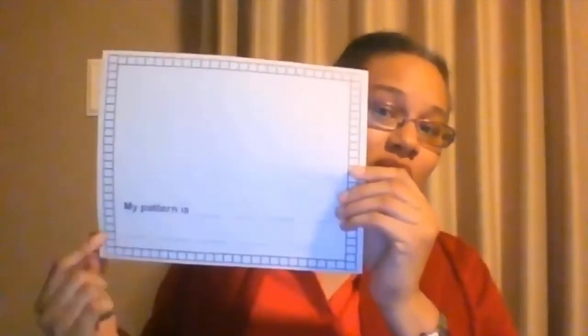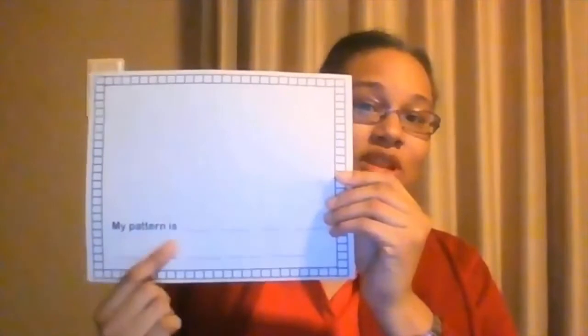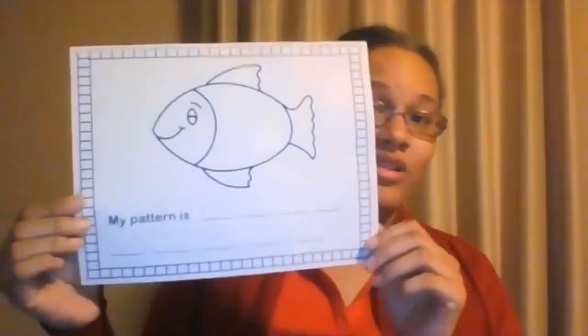There's another page that looks like this. Okay, so it has the border like in the book, but it also has the sentence, my pattern is. And since we read a book about fish, here is your fish paper.